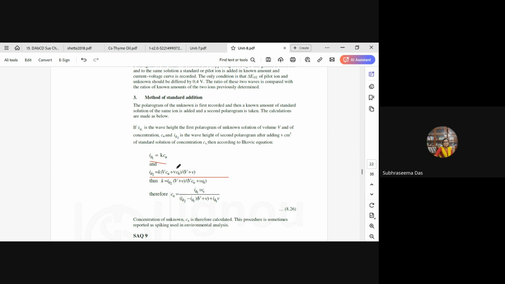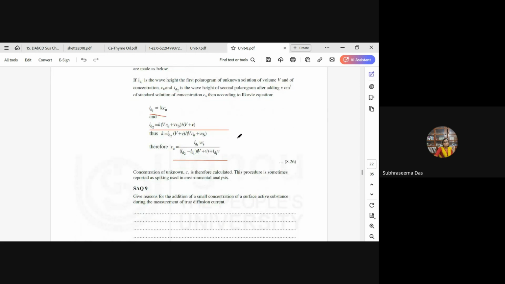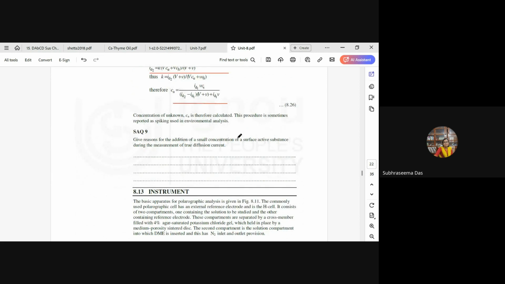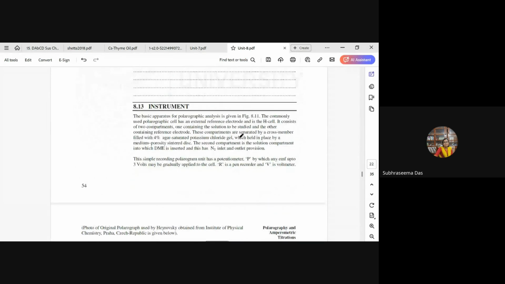So this is for ID2. And therefore the concentration of the unknown solution can be known by using this equation. Such methods have been used for environmental analysis of different trace elements.